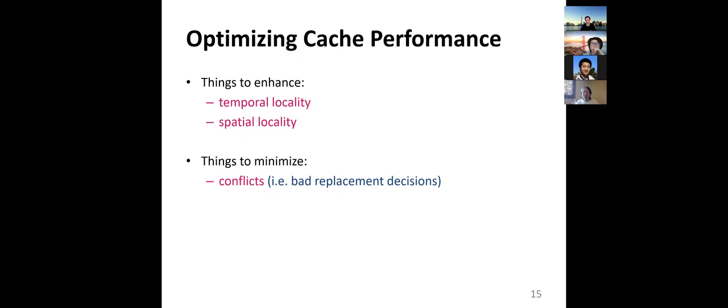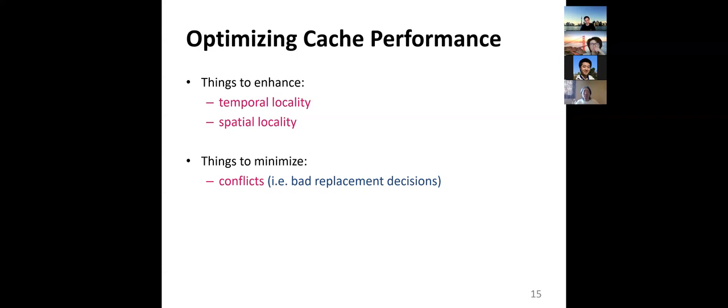But my cache, as already alluded to, is not infinite in size. It has a capacity that has a limit. So at some point, I'm going to take all the space in it. And then when new data arrives, I will need to take out something to place new stuff there. That decision is called a replacement decision.